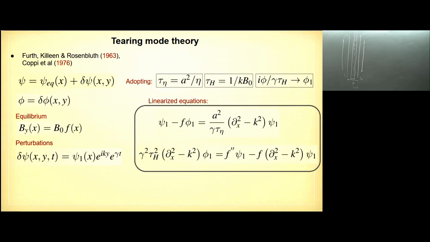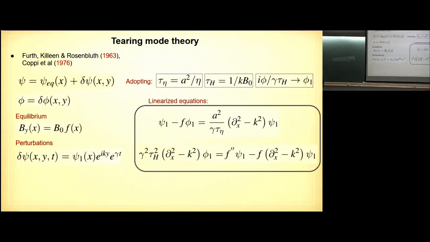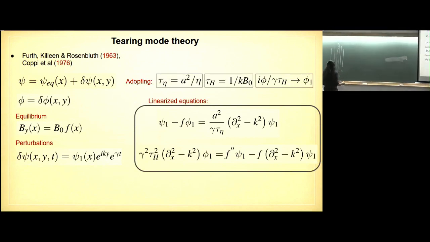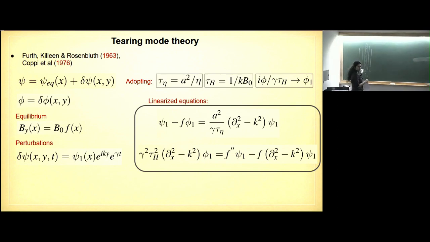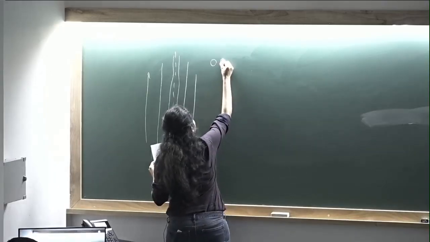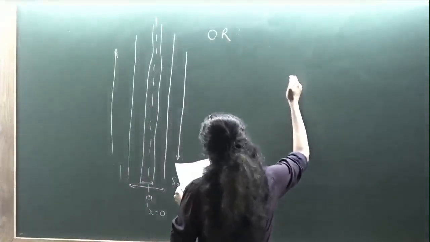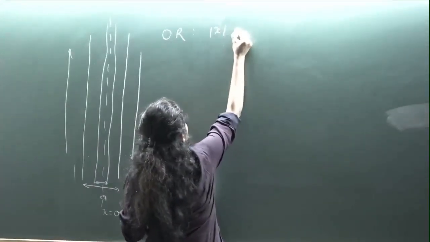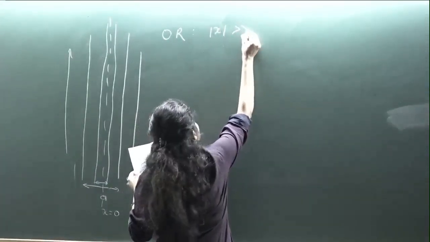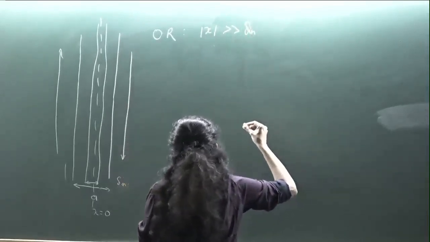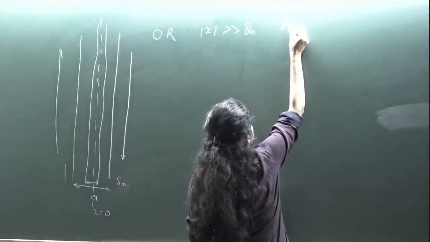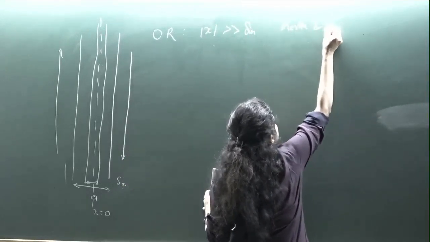Going forward, what I'm going to do is basically show you how it is done. Like I said, we are doing boundary layer theory of this. So there is an inner region and there is an outer region. The outer region, I'm going to just say OR, is a place which is much larger than delta n, and here we are going to ignore inertia and resistivity.